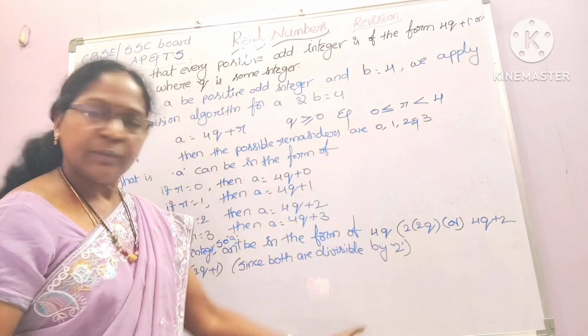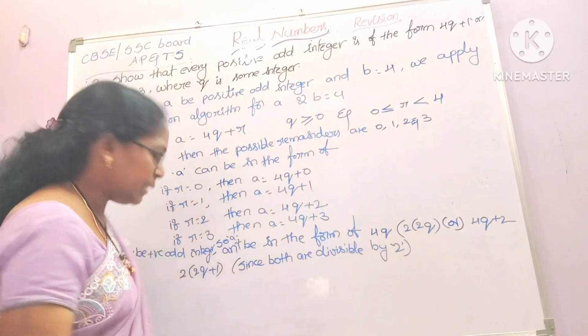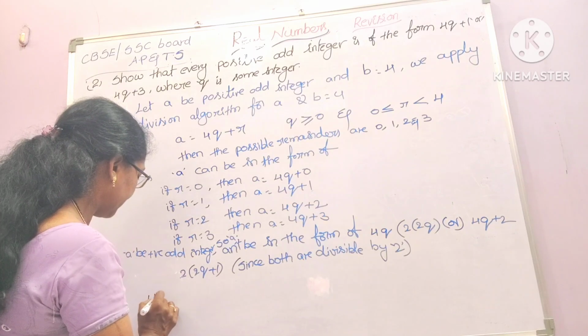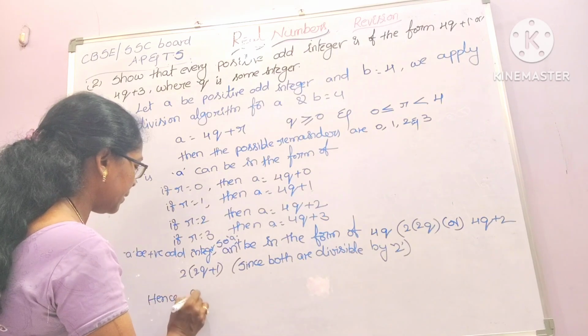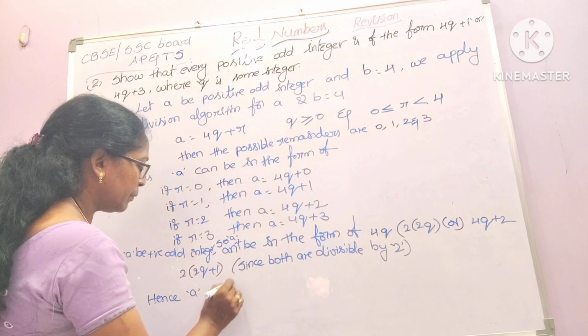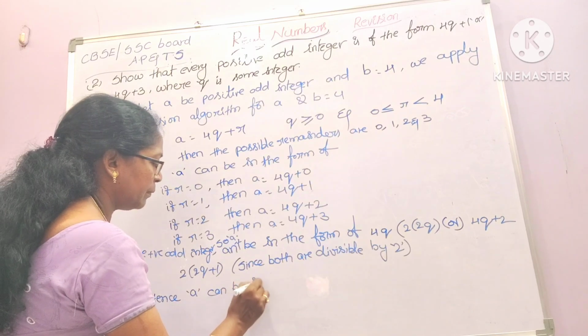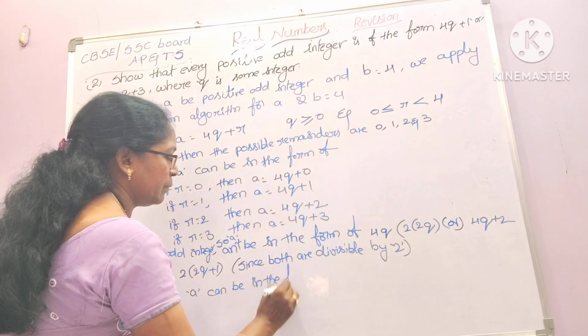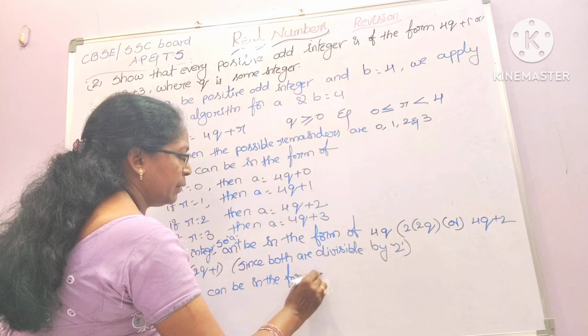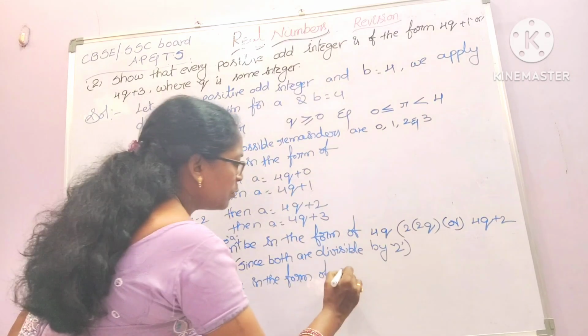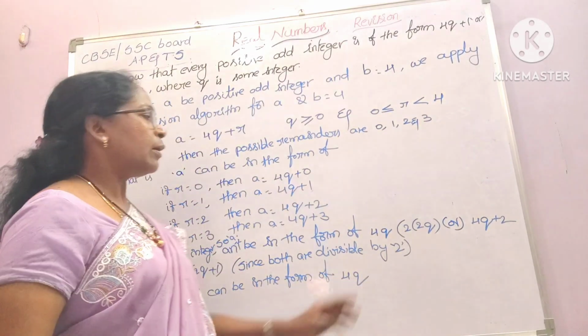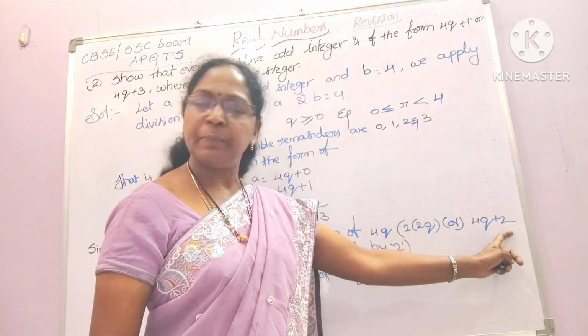So, A cannot be in the form of like this. Hence, A can be in the form of 4q. Remaining, what are there? Here 4q and 4q plus 2.